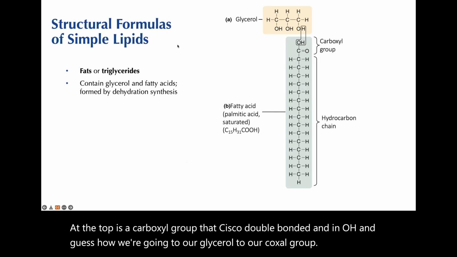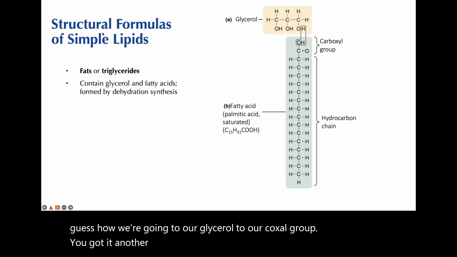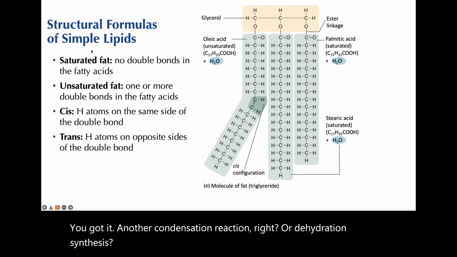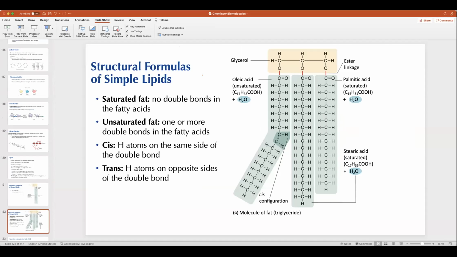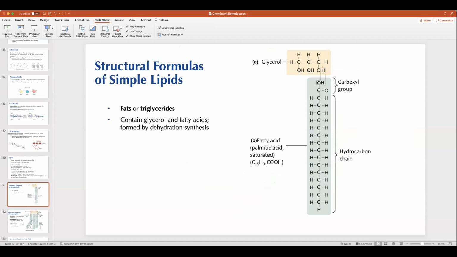You got it. Another condensation reaction, or dehydration synthesis. All right, so when we do that, let's go back here and just look. Dehydration synthesis, right? We're going to remove water, and then we're going to have this attached on here plus water.